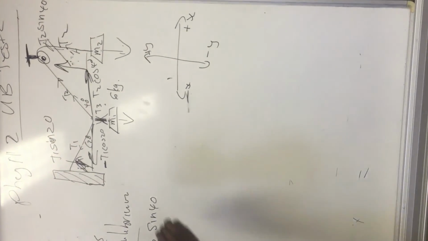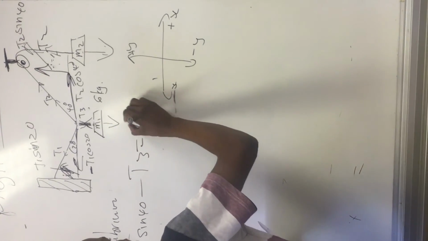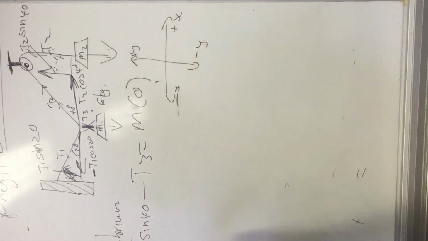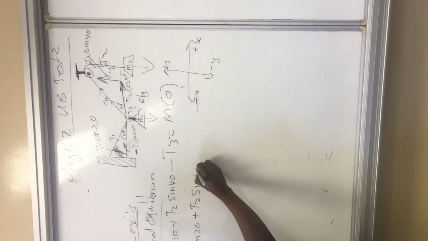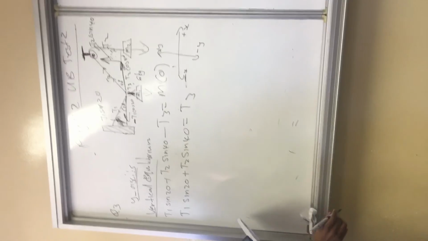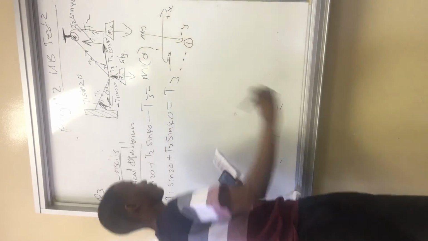So we're going to say T1 sine 20 plus T2 sine 40 minus T3 is equal to mass times acceleration, which is zero. This means that T1 sine 20 plus T2 sine 40 is equal to T3. That is our equation 1.